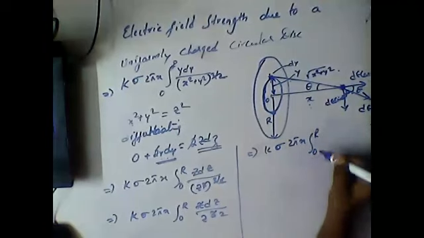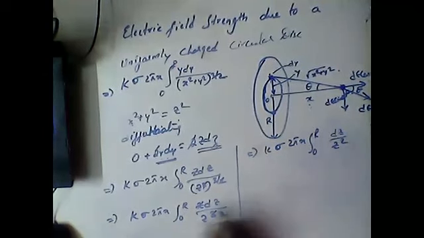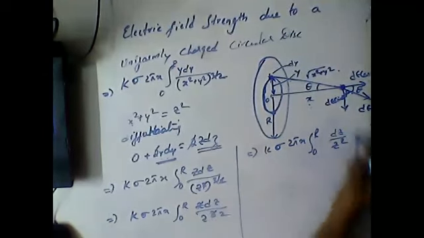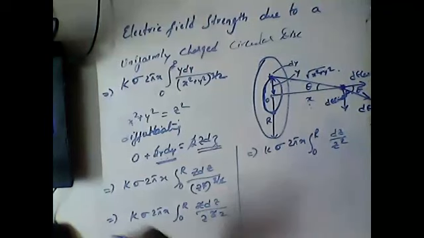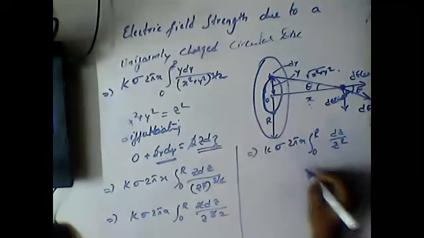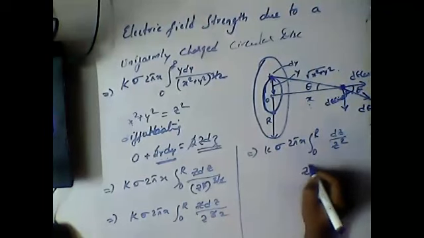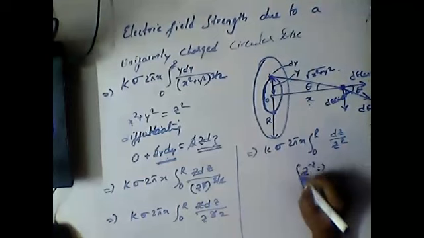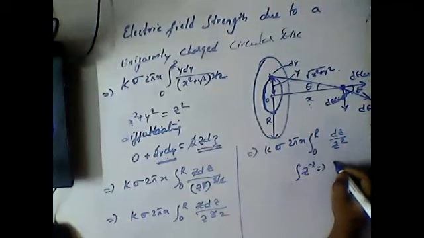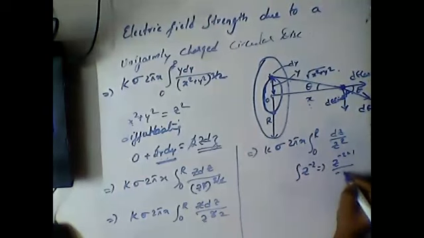Now we already know the integration of 1 by z square, we discussed this earlier. We can write it as z power minus 2. The integration of z power minus 2 is z power minus 2 plus 1 by minus 2 plus 1, that is z power minus 1 by minus 1.